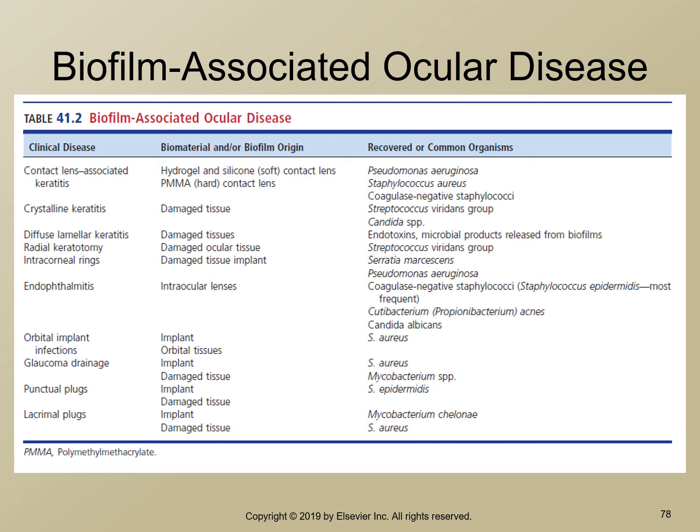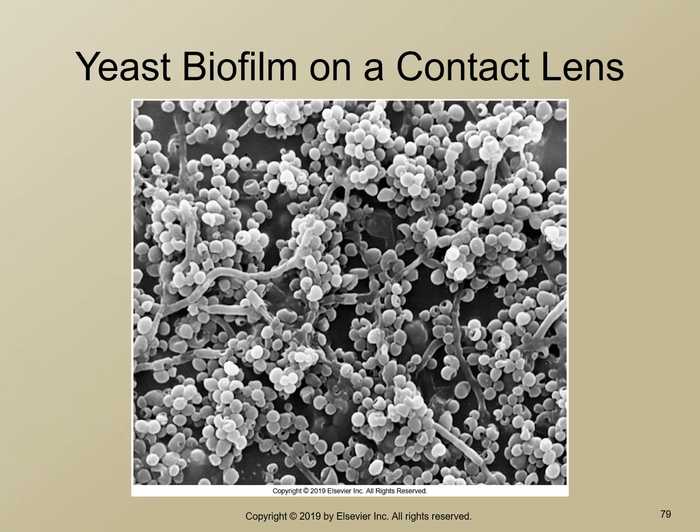Endophthalmitis, when biofilm forms on intraocular lenses, is frequently caused by coagulase-negative staph, with Staphylococcus epidermidis being the most frequent, Propionibacterium, Candida albicans, and Staph aureus. The figure below is showing a yeast biofilm that has formed on a contact lens. In culture, the specimen grew Candida albicans.